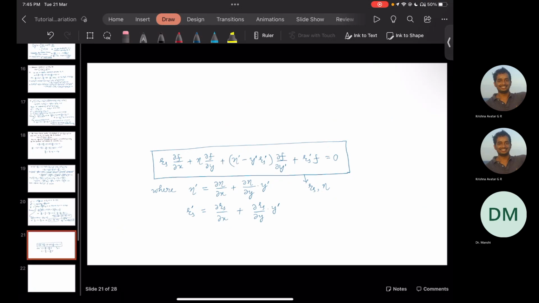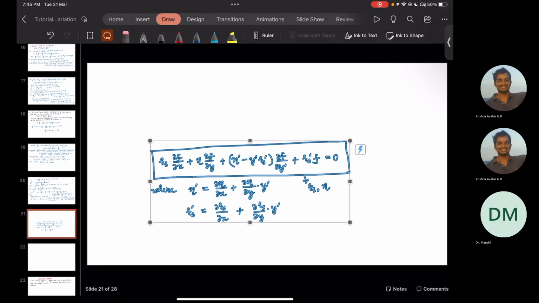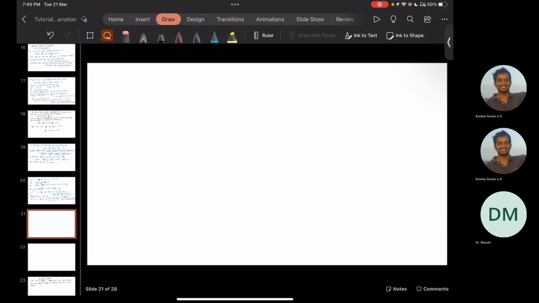So essentially we have the infinitesimal generators.